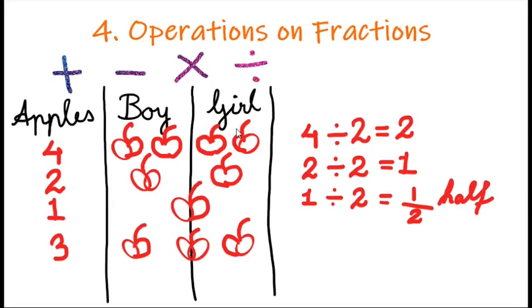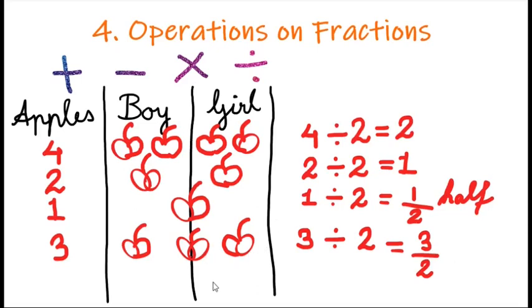So, how to write this? 3 divided by 2. What will we get? Yes. 3 upon 2. We are going to do this division. That means each child will get 1 and a half apple. Okay.